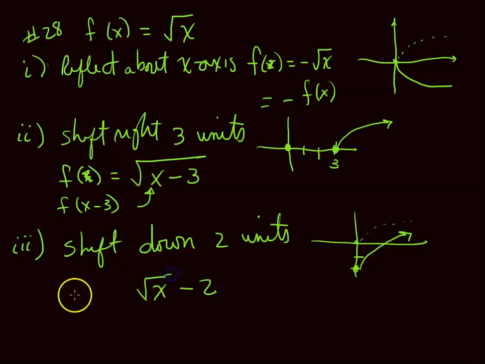So this is really f of x minus 2, right? The function minus 2, if f of x is the square root of x. Does that make sense? If we wanted to shift it up 2 units, it would be f of x plus 2.